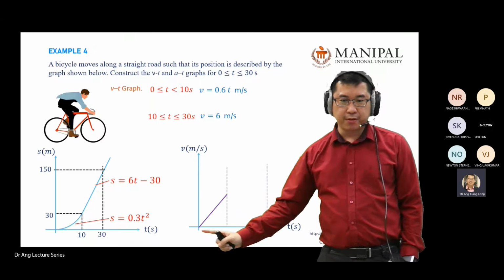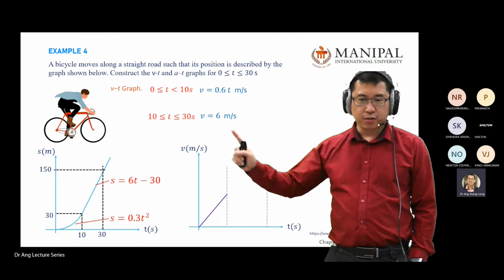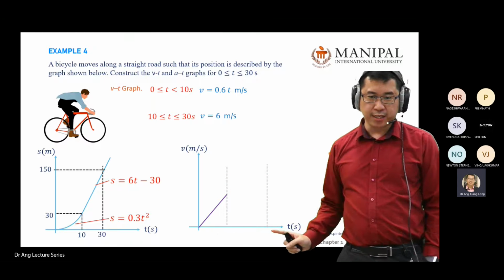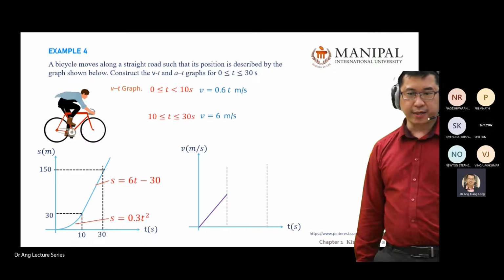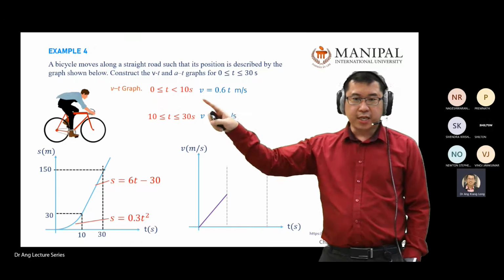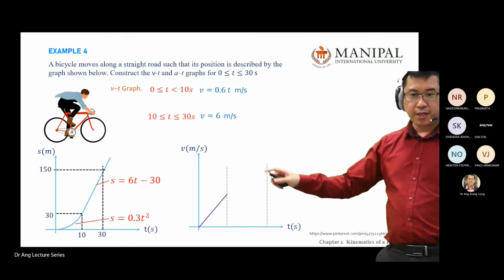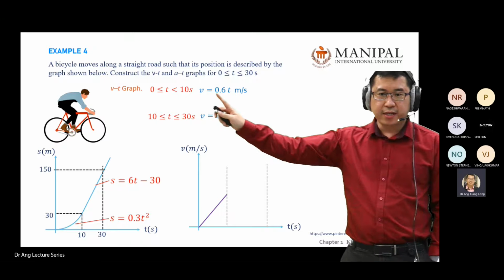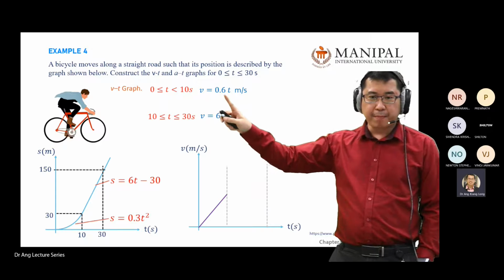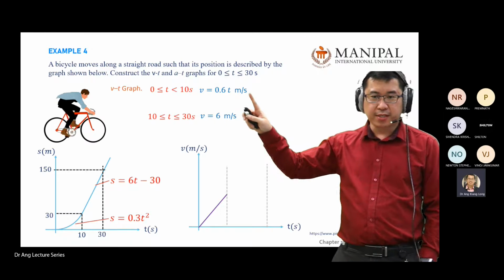So you label 0 to 10, you draw one line, and 10 to 30 seconds, you draw one line. As you can see here, what does this equation mean to you? This is a linear equation.